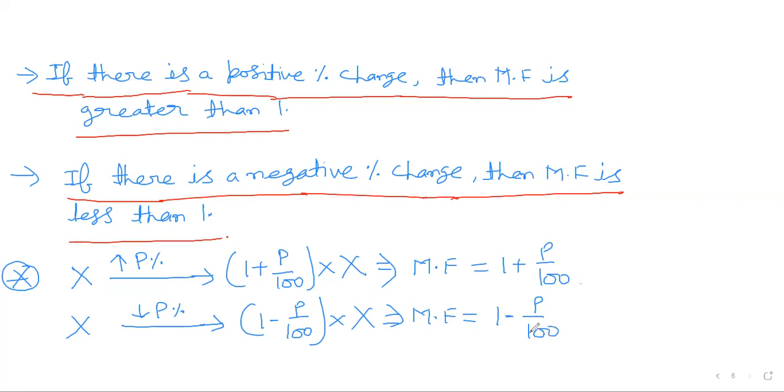It doesn't matter what the value of P is, how greater it is or how smaller it is. Here the multiplication factor is always greater than 1 in this case, and here the multiplication factor will always be lesser than 1. Okay, please keep in mind.